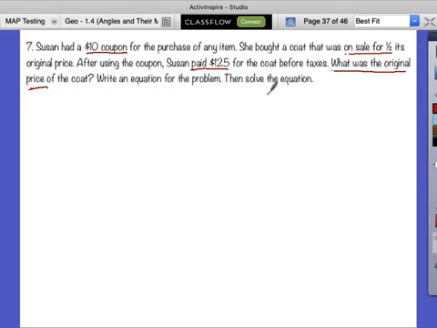Can anybody help me write this equation? Do we know the original price? What do we call things in math that we don't know? A variable. What variable do you want to use? A, okay, let's use A. Now what's happening to the original price of the coat? It's being multiplied by half.